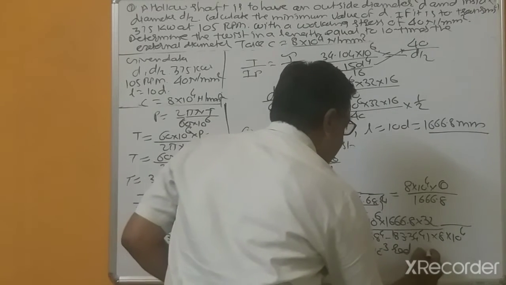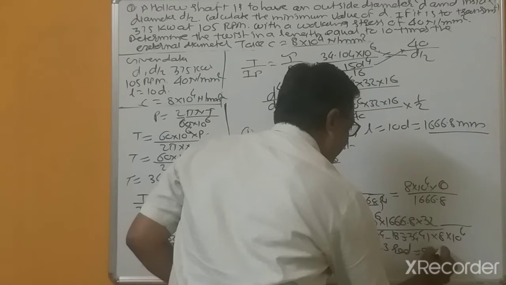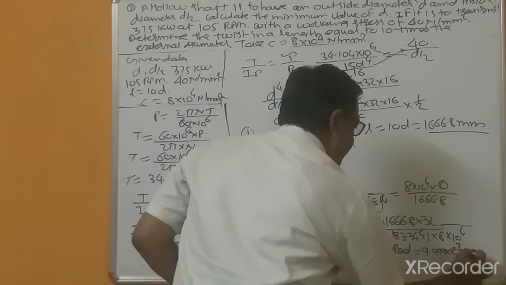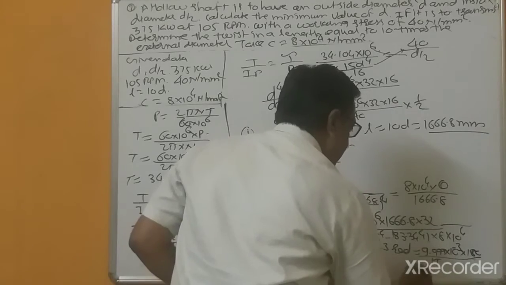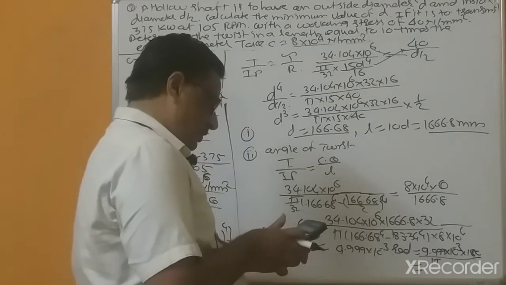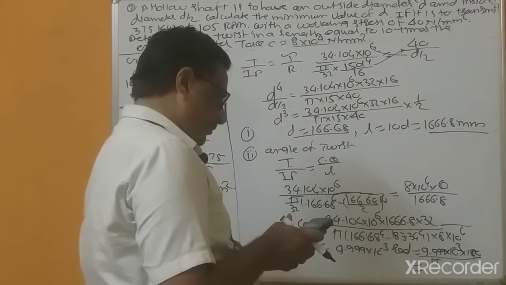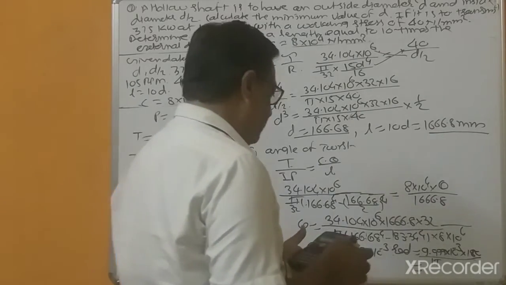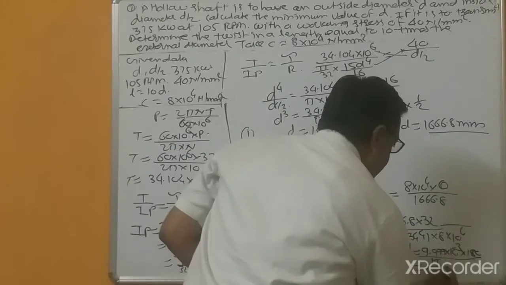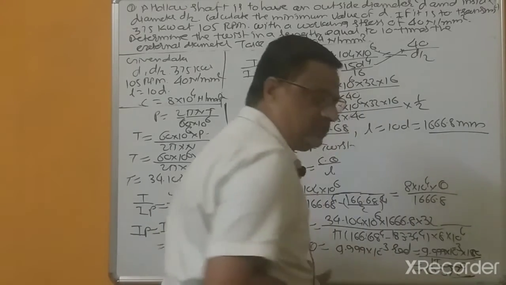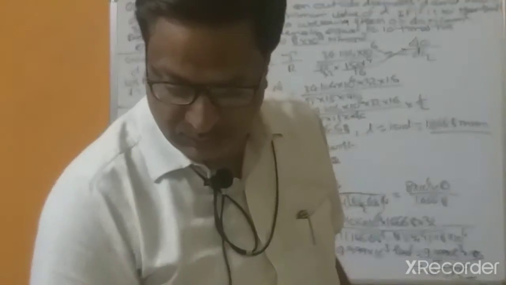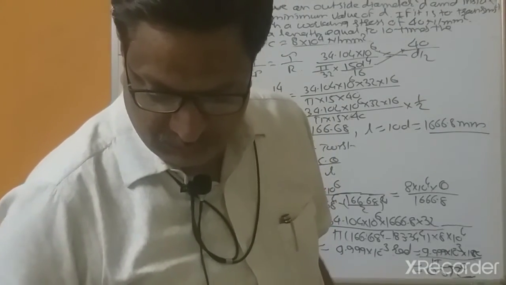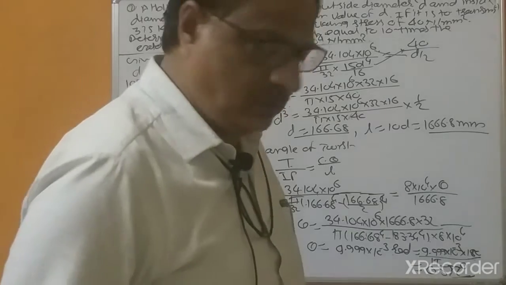If this value, 10 to the power minus 3, is multiplied by 180 divided by pi, this is in degree. So the angle of twist is 0.572 degree. Right.